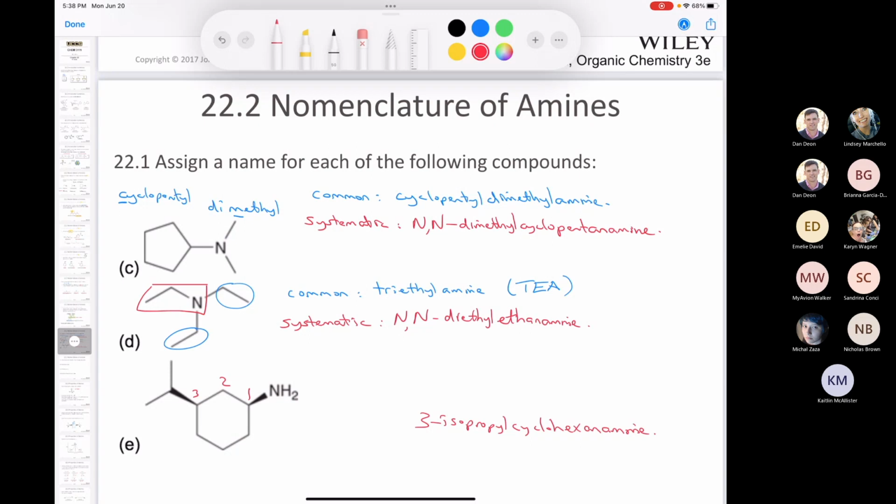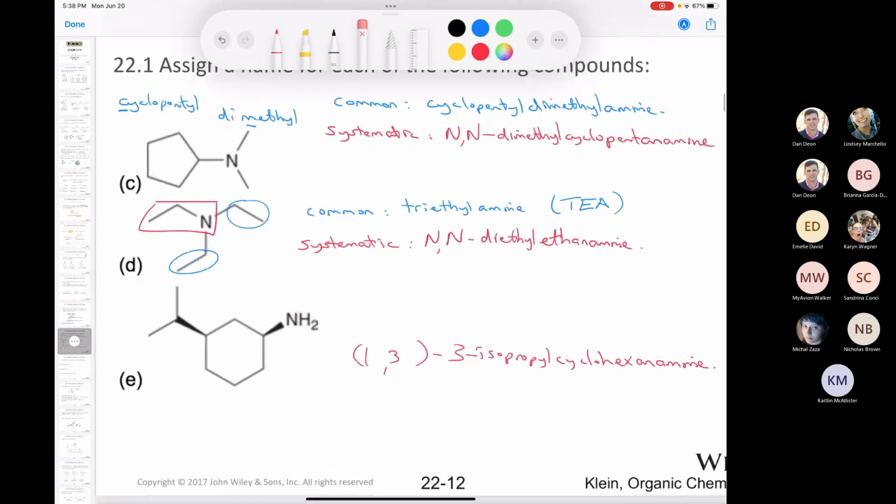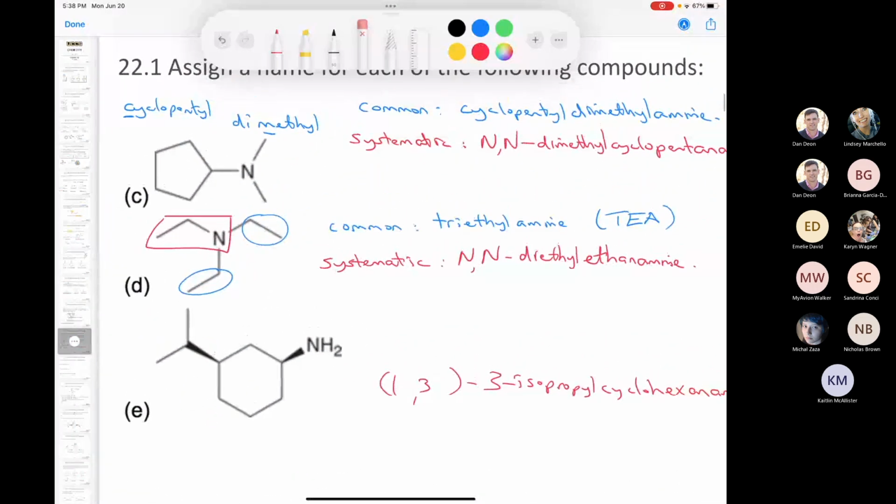And now we need to identify the stereochemistry at the 2 chiral centers. So it's 1-something and 3-something else. Start with the first one. Could anybody identify the first stereocenter as being R or S?